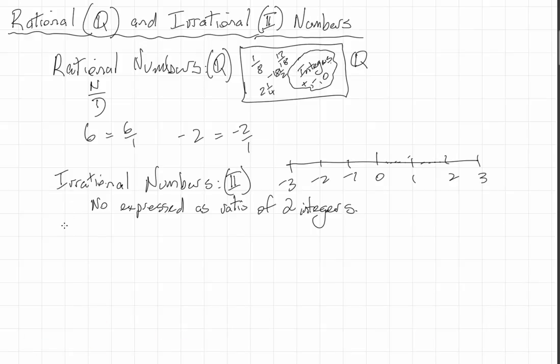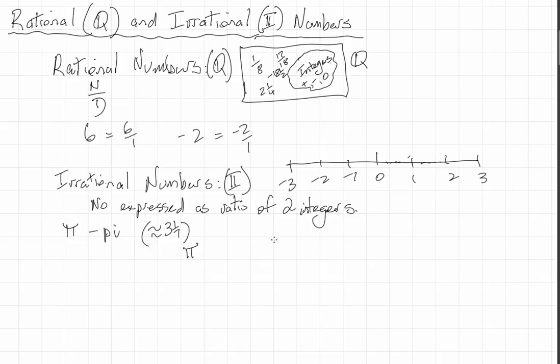Let's look at one, and the first one is just the number pi. And pi is not exactly 3 1/7. It is approximately equal to 3 1/7, because you could say, well, okay, then if it was 3 1/7, it would be a rational number, but that's just an approximation. That's not the exact value of pi.